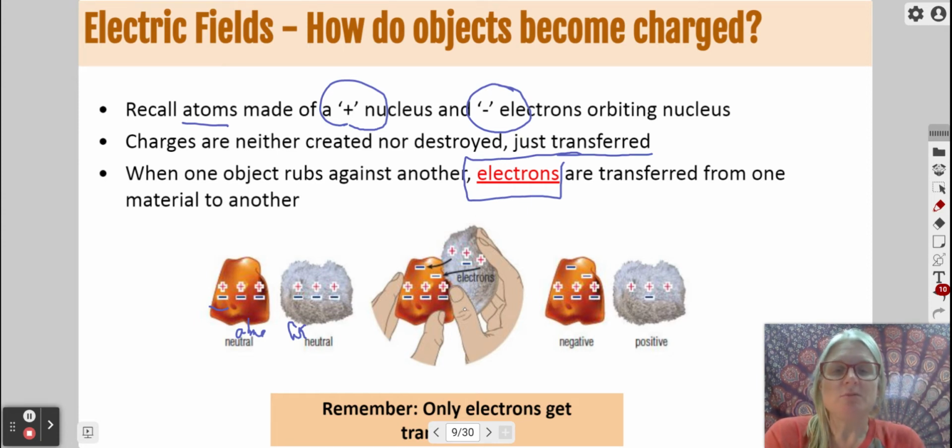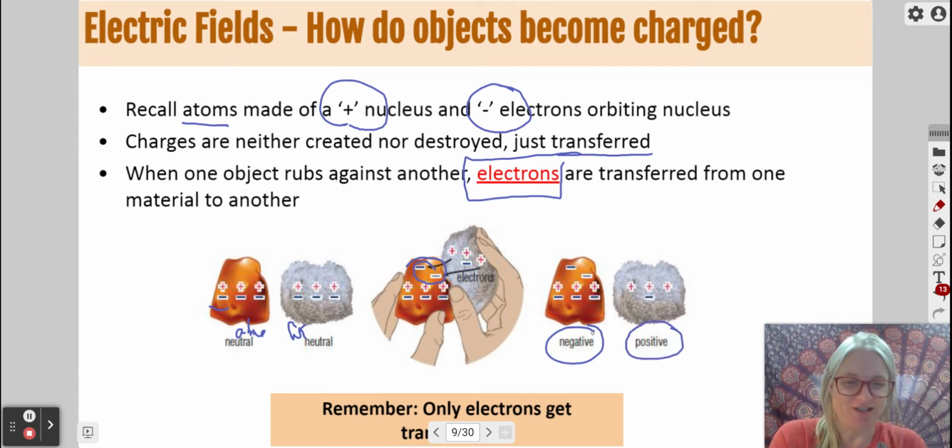And then when they're rubbed, sometimes the substance has a stronger preference or ability to grab more electrons, or just by chance these electrons are transferred. So the amber is going to pick up these two electrons, leaving the amber negatively charged and the fur positively charged.